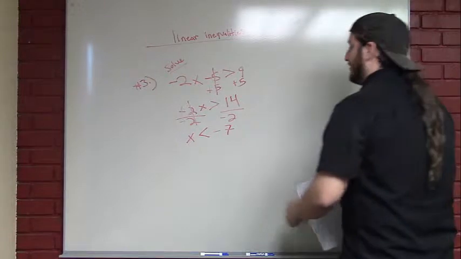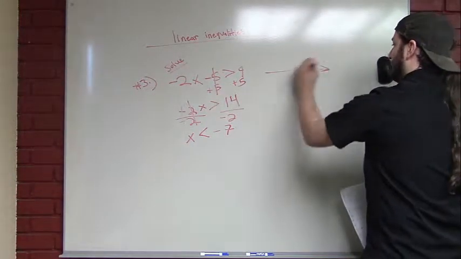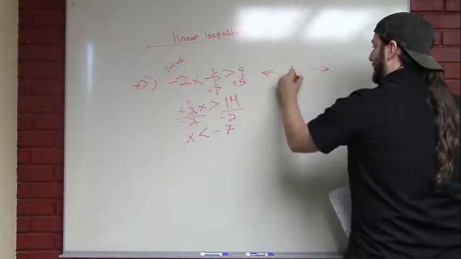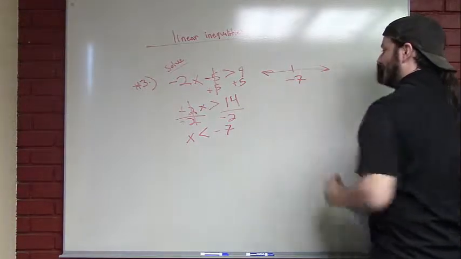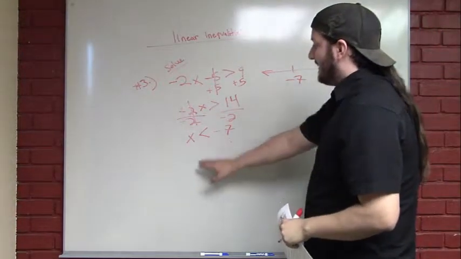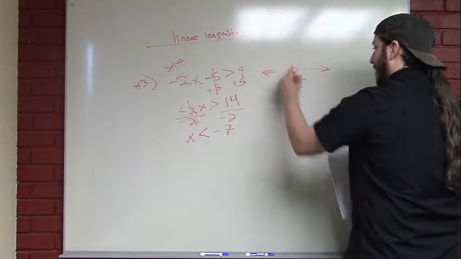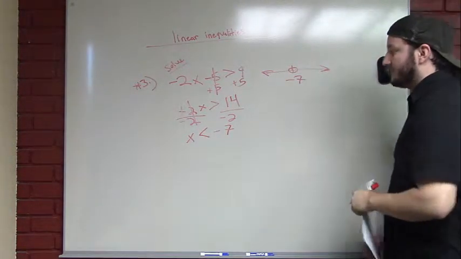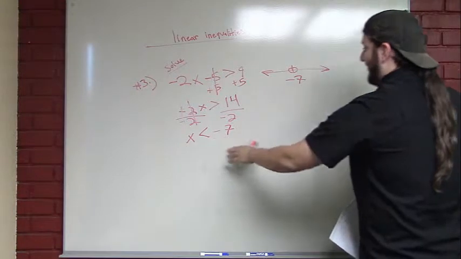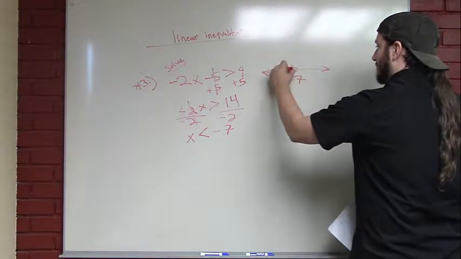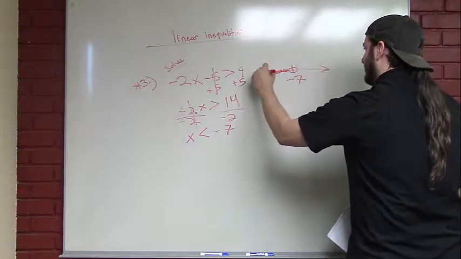Okay, so let's graph it. Just put that number on there, negative 7. X is less than. There's no equal to there, so it's going to be an open circle. And it's less than negative 7. So you just, remember left is less than.